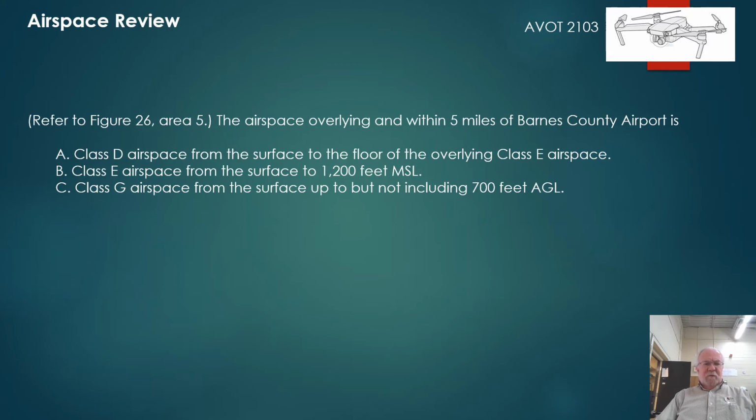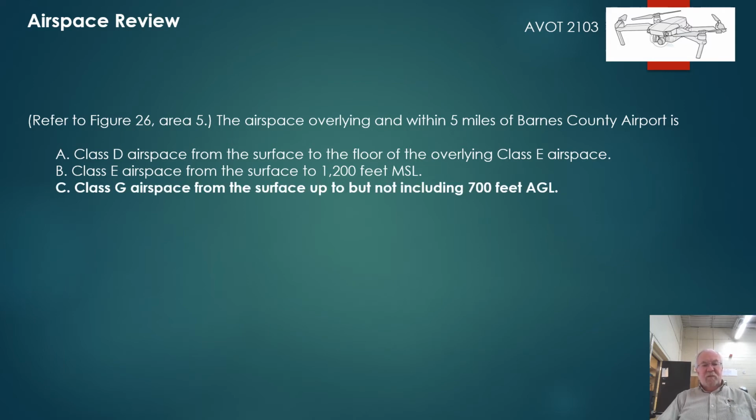Here's another one. Go to the testing supplement, refer to figure 26 area number 5. So you locate that area. The airspace overlying and within 5 miles of Barnes County Airport is, so Class D, Class E, or Class G. So I'll give you a second to look that up. All right.